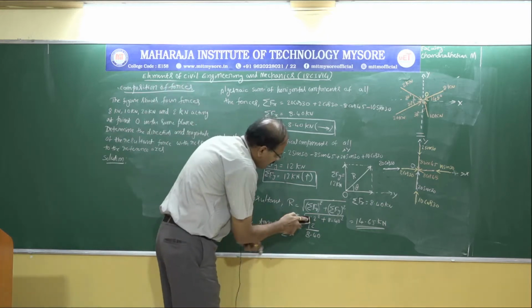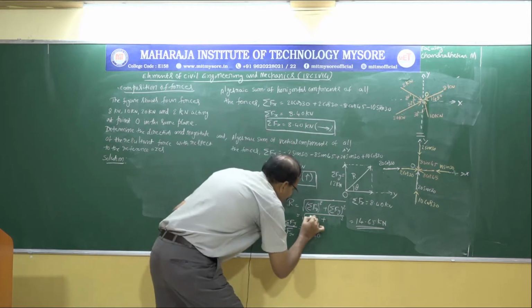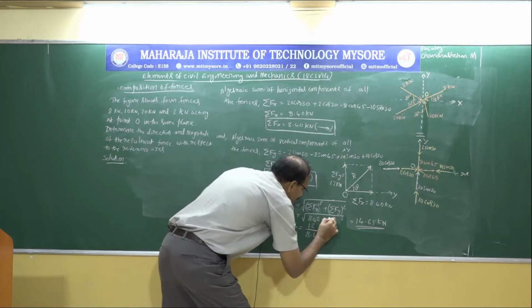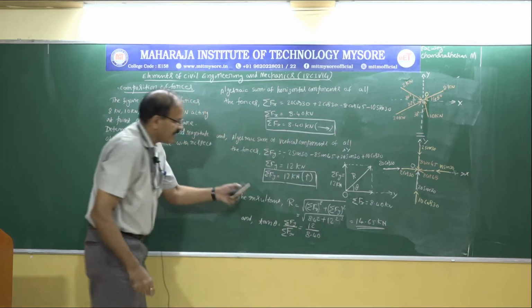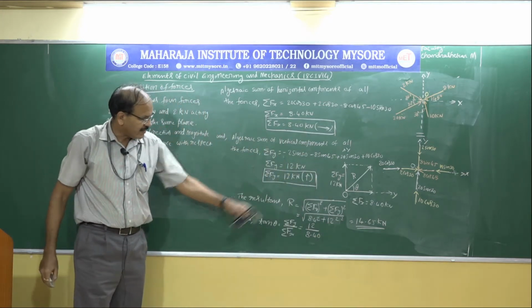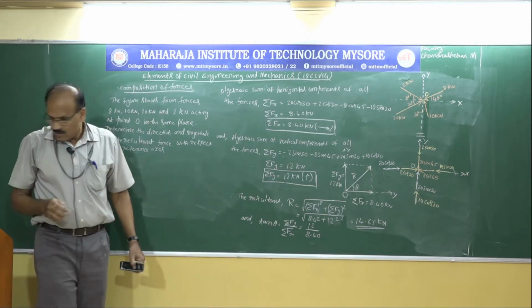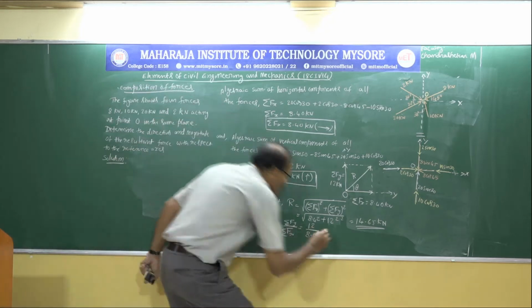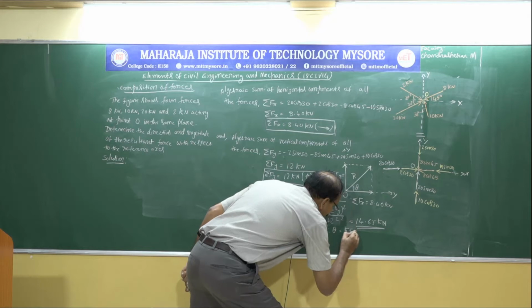Here there is a little correction. I make 8.40 square and this is 12 square, and the final answer is the same, of course. So tan theta equal to 12 divided by 8.40. Therefore theta equal to 55 degree.